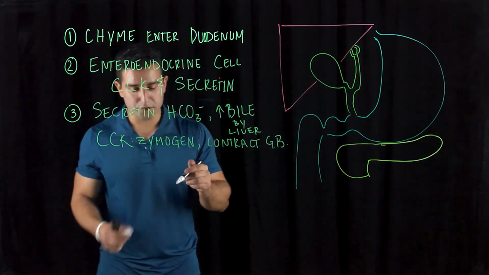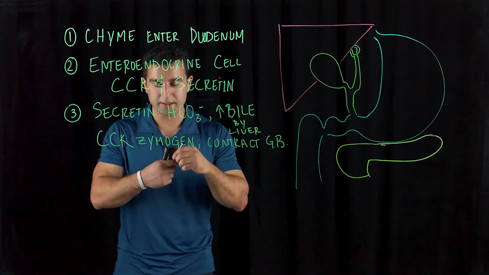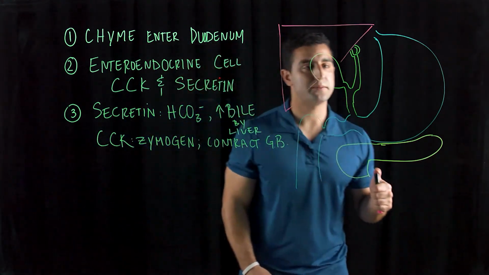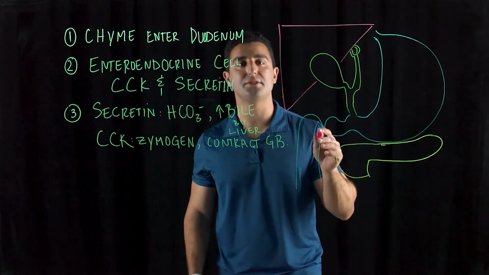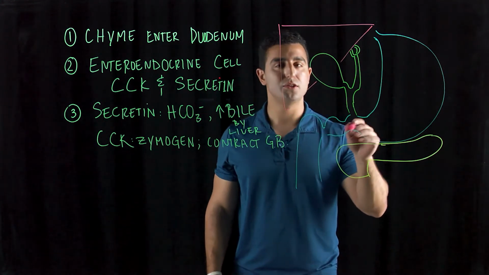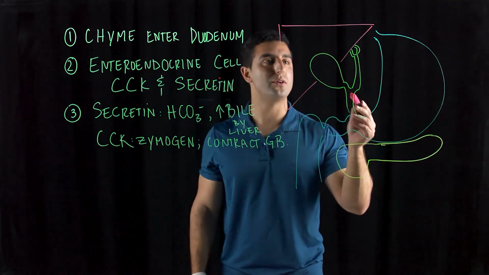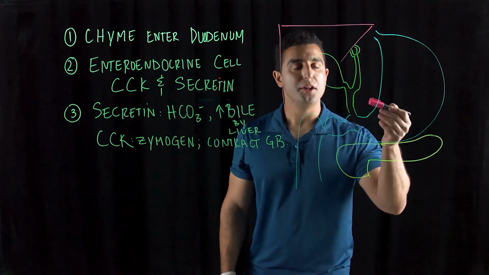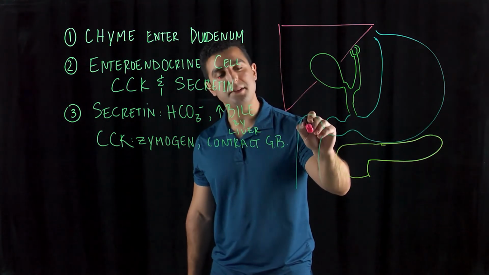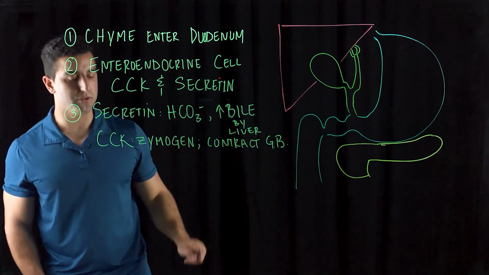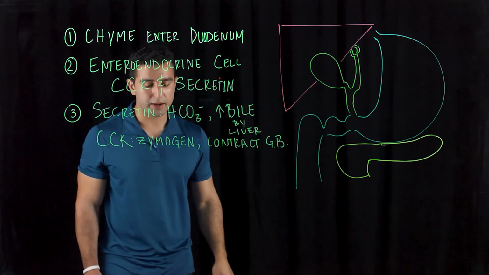And so what's really important when we talk about this is that during the cephalic and the gastric phase, these reactions are inhibited. So while you're digesting or salivating, these reactions are actually inhibited. Not until the chyme enters the duodenum and stimulates these enteroendocrine cells, right?